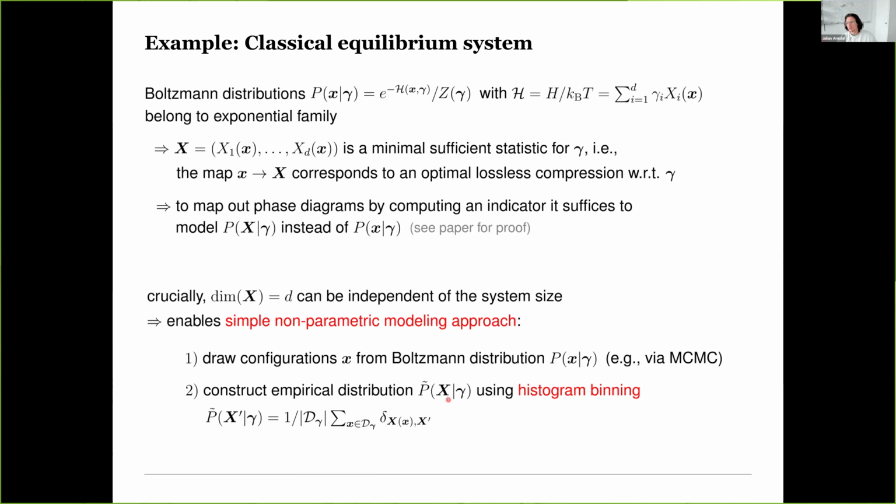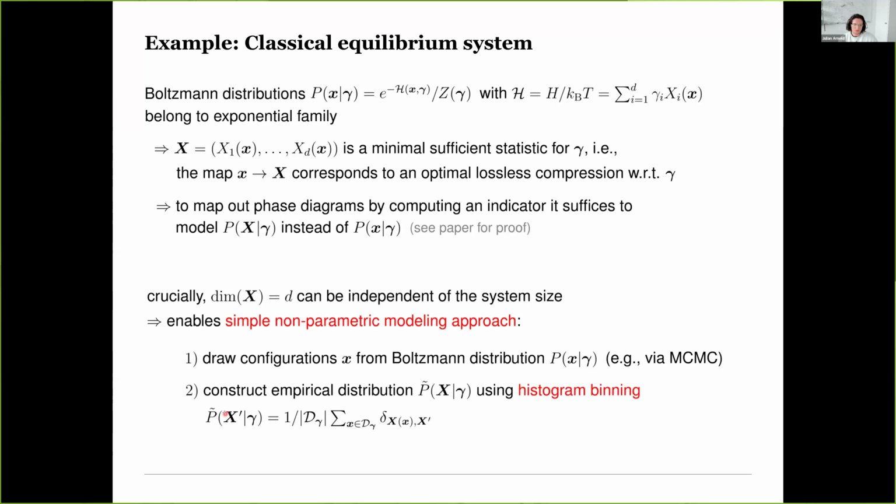So we can go to very large system sizes, and this still works. And then based on these models P tilde for capital X given gamma, we can construct a generative classifier. So we can construct the probability of our labels given X, and based on that, we can compute an indicator of phase transitions.